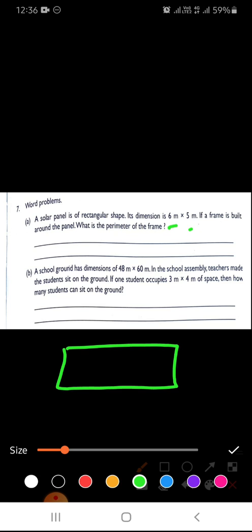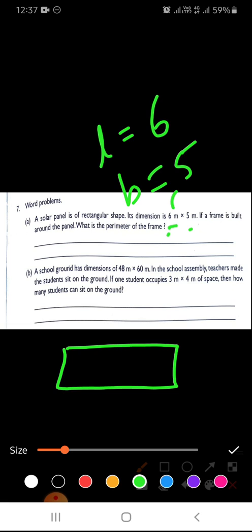So we can say length is 6 and breadth is 5. So it is 6 meter and this side is 5 meter of a solar panel. If a frame is built around the panel, what is the perimeter of the frame?